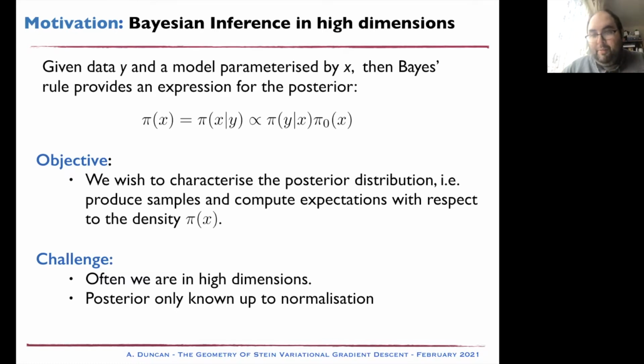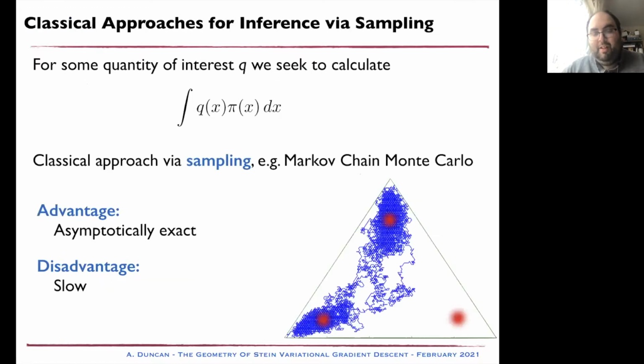This is a very familiar problem and has motivated various classical approaches. The most classical one is MCMC. The idea is that we produce a Markov chain which has, as its unique invariant distribution, the density that we wish to sample from, and we run this chain, and if we choose the kernel of this Markov chain in the appropriate way, then we can get away with not knowing the normalization constant of our density.